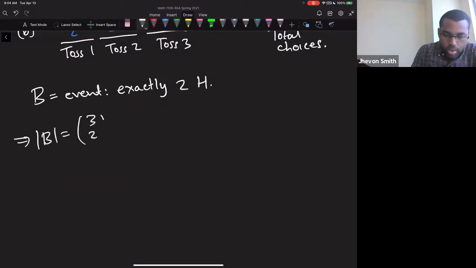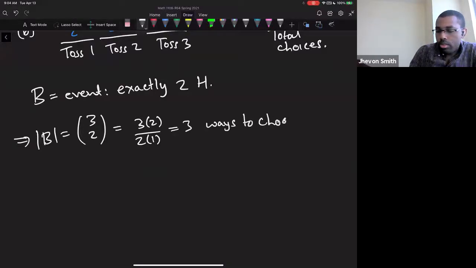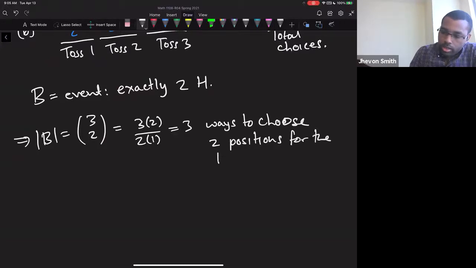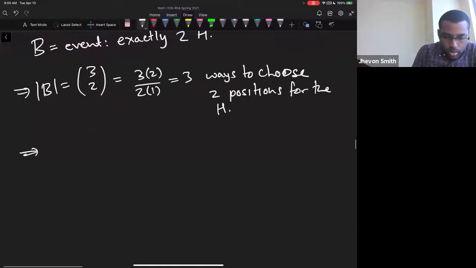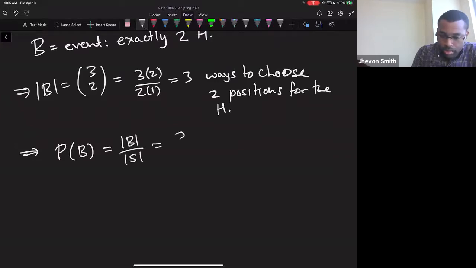I want to choose 2 of them to put the heads in. We know that that is 3 times 2 over 2 times 1. So that's 3 ways to choose 2 positions for the H. So then the probability of B is the size of B over the size of S. I haven't been writing that, but it's not important. 3/8 again.